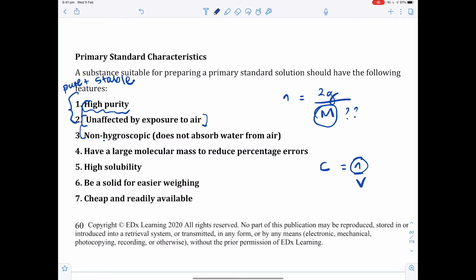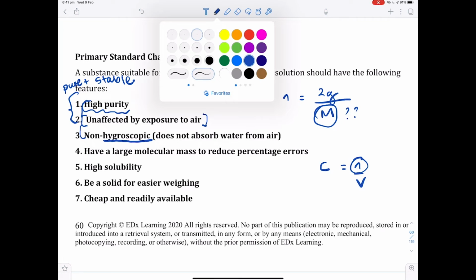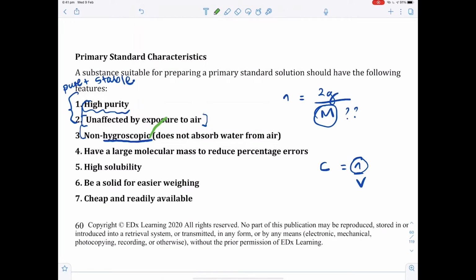Non-hygroscopic. Now, this is a new word, so we're going to define this. Hygroscopy, or being hygroscopic, is absorbing water. Okay, so it's absorbing moisture. Now, for your exams, there is one solution you should know has very strong hygroscopic characteristics, and that is sodium hydroxide.